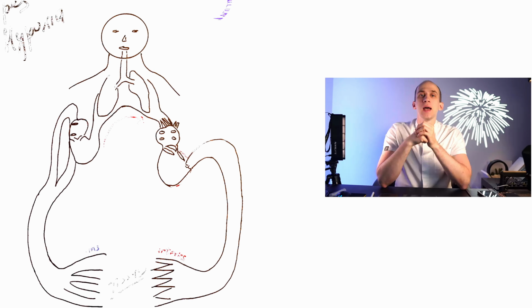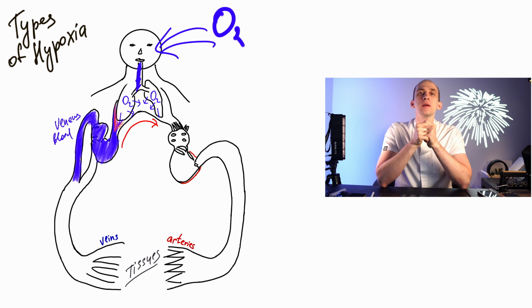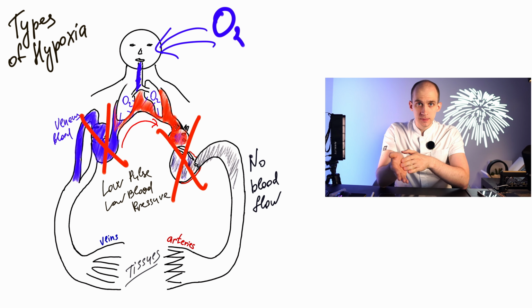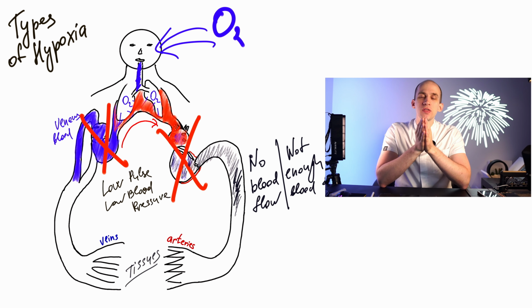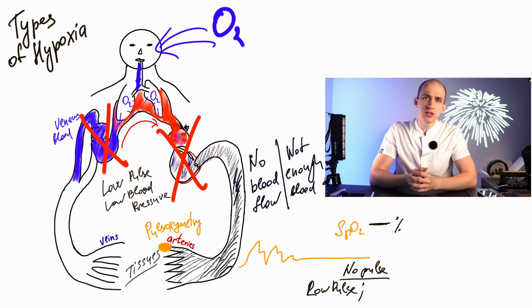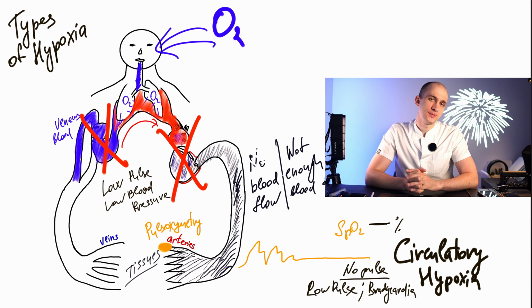Just imagine. If the heart can't maintain the proper level of these liters per minute, the tissue will not receive the proper level of oxygen, because there will not be enough oxygenated blood going through the tissue, and it will also lead to hypoxia.